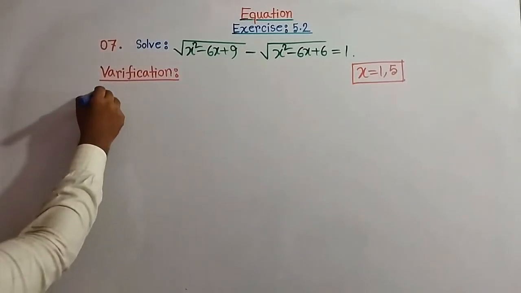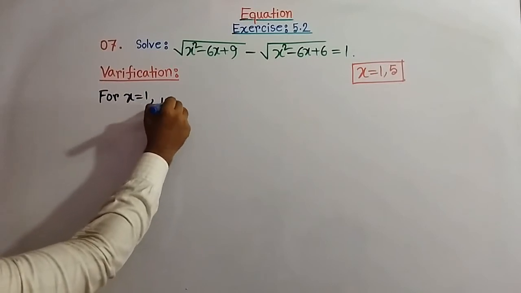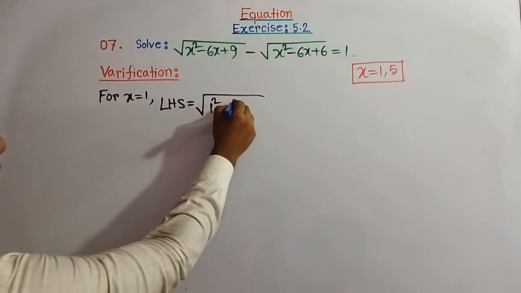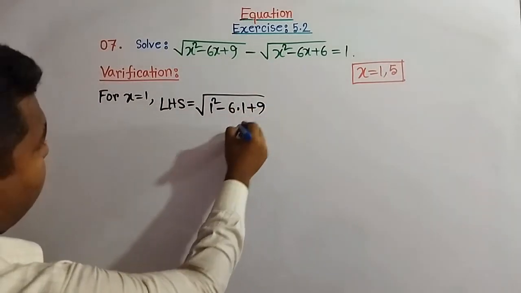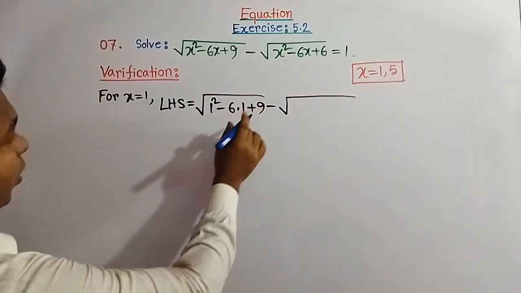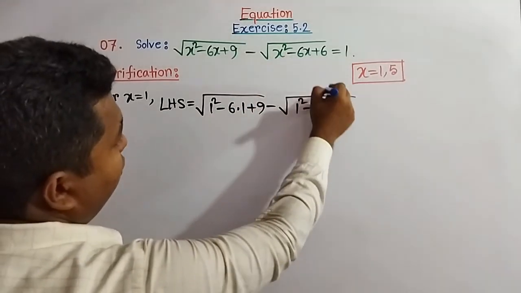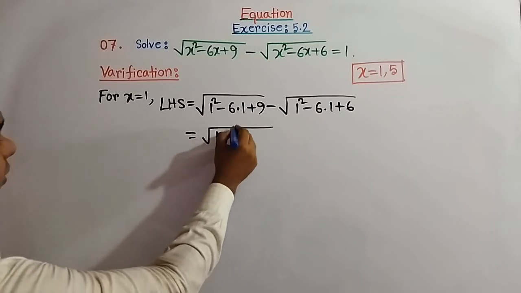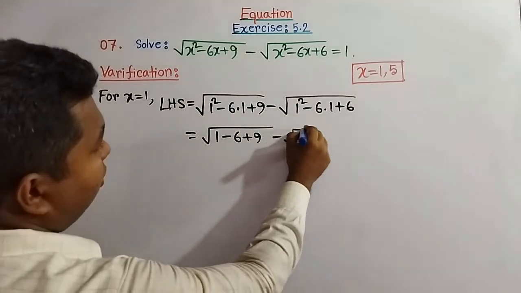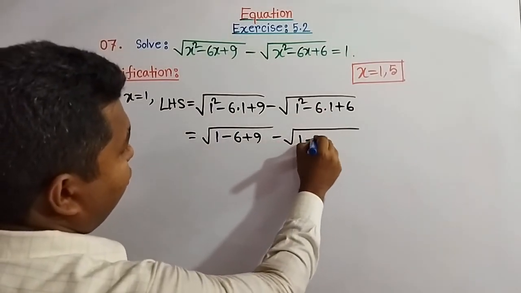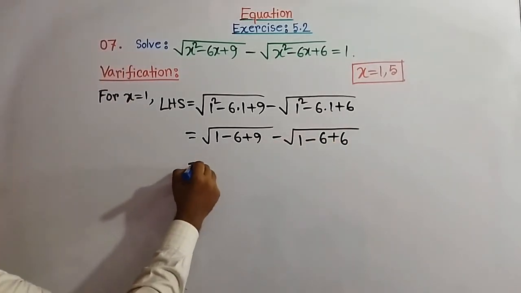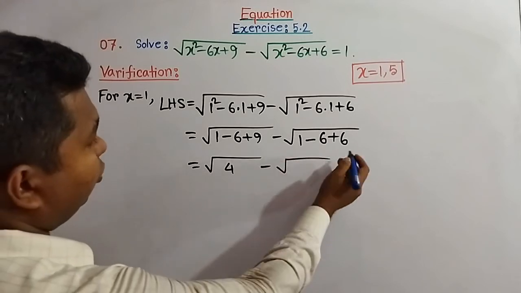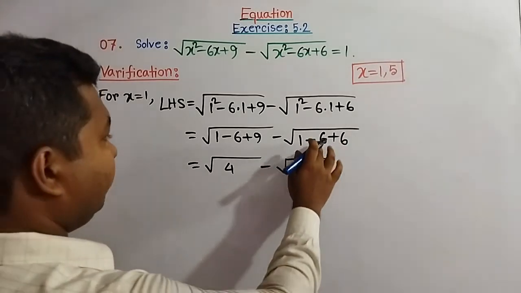At first for x equal to 1, the left hand side of the given equation is the square root of 1² − 6 × 1 + 9, minus the square root of 1² − 6 × 1 + 6, equal to the square root of 1 − 6 + 9, minus the square root of 1 − 6 + 6, equal to 9 + 1 equal to 10, 10 − 6 equal to 4, minus the square root of 1 + 6 equal to 7, 7 − 6 equal to 1.